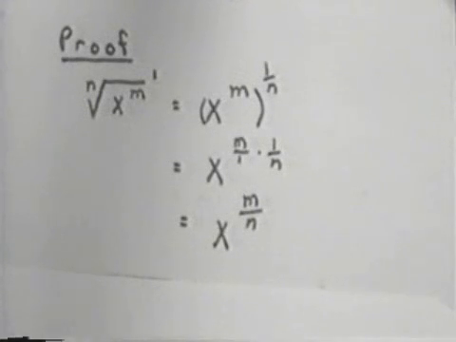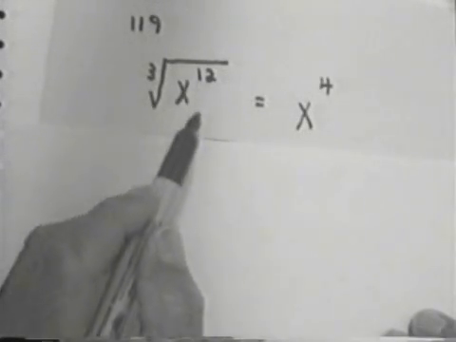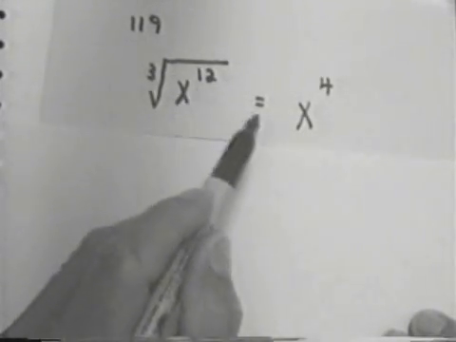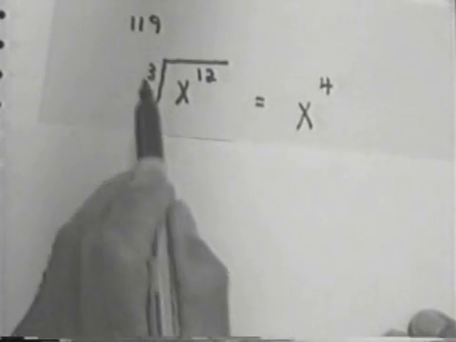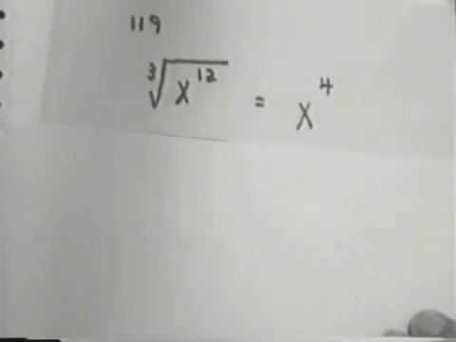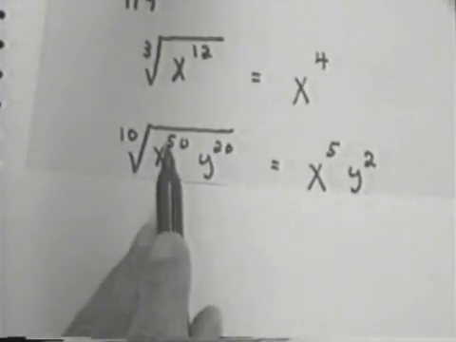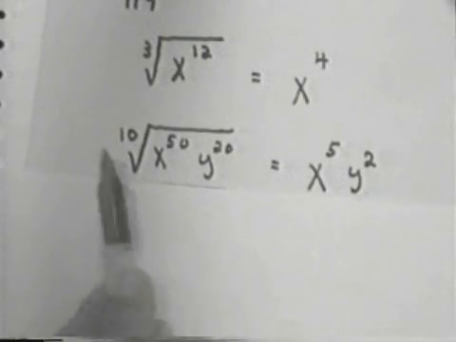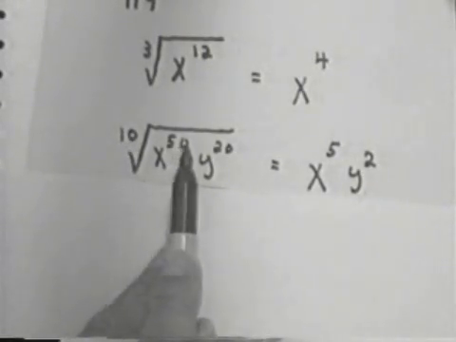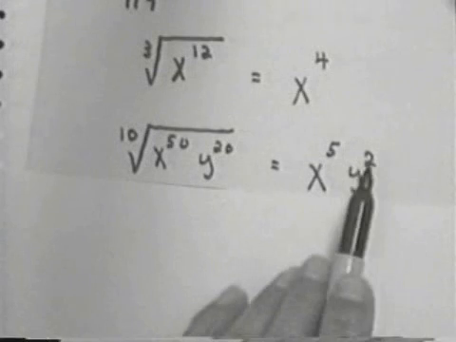Now that theorem makes it real easy to evaluate certain powers. Example, if we have the cube root of x to the 12th, that is x to the 4th. 3 goes into 12 4 times. Just divide the index into the exponent. The 10th root of x to the 50, y to the 20th would be x to the 5th, y squared. 10 goes into 50, 10 goes into 20.